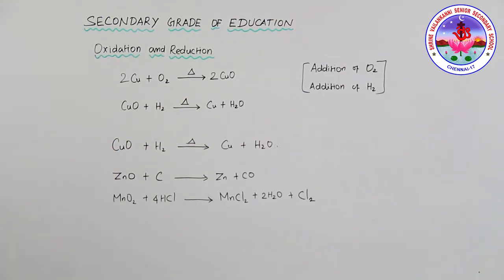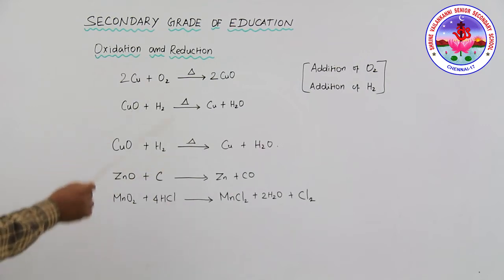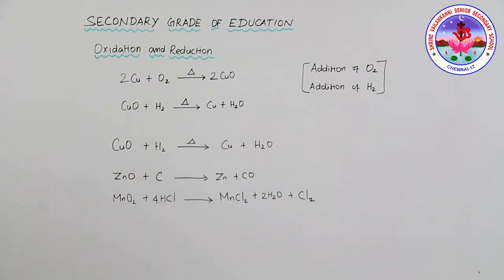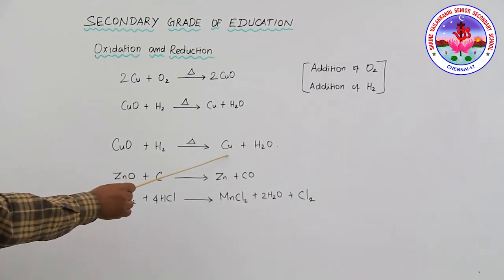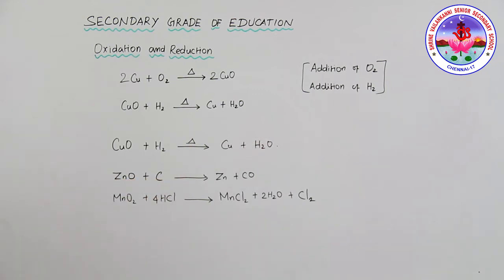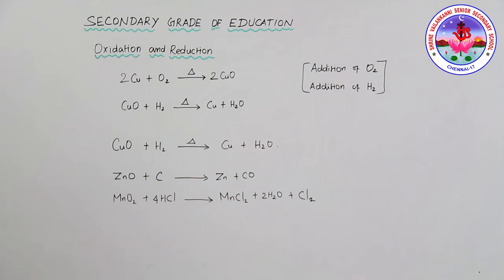See, look at this reaction. The copper oxide reacts with hydrogen on heating to give copper, and this is the reverse of the earlier reaction. Copper oxide and hydrogen on heating give copper and water. Here copper oxide converts to copper, and hydrogen converts to water.